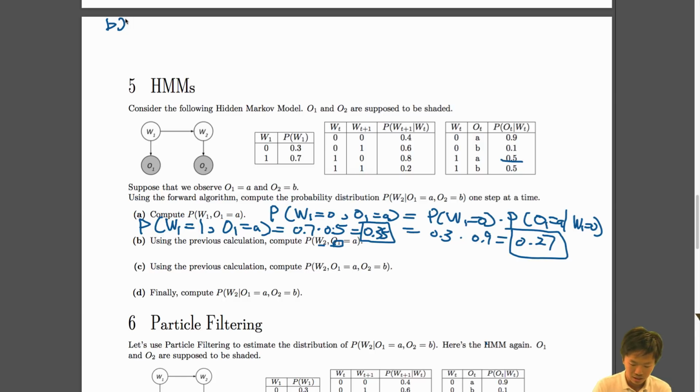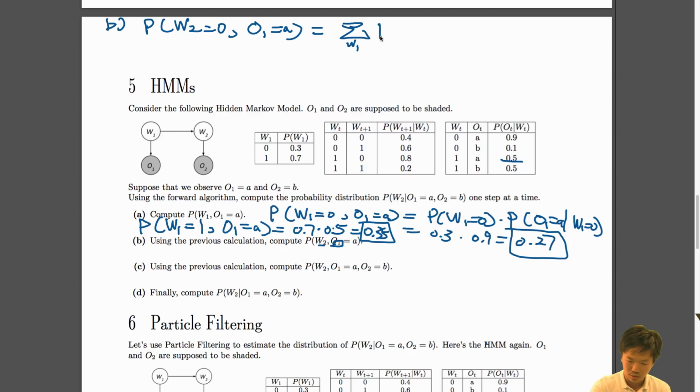So let's take an example of P(W2 = 0, O1 = A). W2 can be both 0 and 1, but in this case, we're just looking at 0. So that is going to be the summation over all possible values of W1.